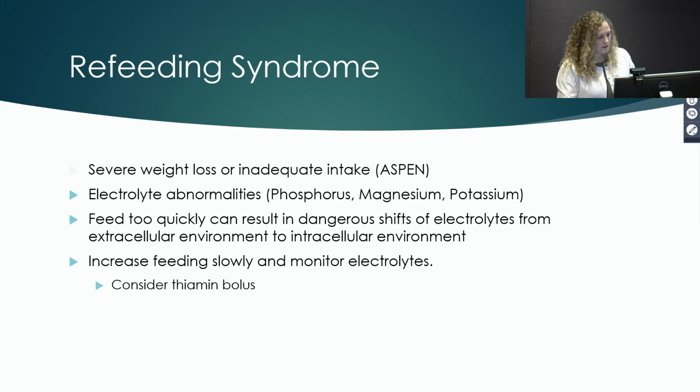And this happens when you start to refeed a patient too quickly. It results in shifts in these electrolytes and they can actually get really low and cause other problems. It can be fatal in severe cases. So the recommendation is to increase your feeding slowly and monitor those electrolytes and replace them as needed. So it's more about how they change from one day to the next, not necessarily whether it's normal or low. It's the change from what it was before, if that makes sense.